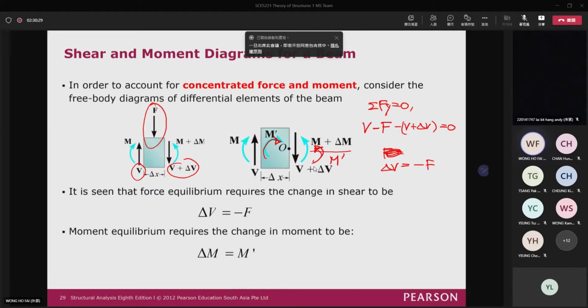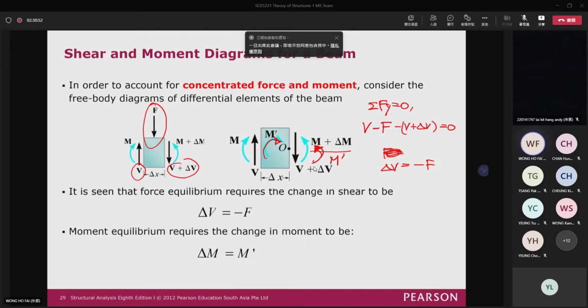Because it will act in a concave downward way, make the structure happy, right? So it is a positive moment. So when you have a clockwise moment, it will create an increase of the bending moment in the bending moment diagram.